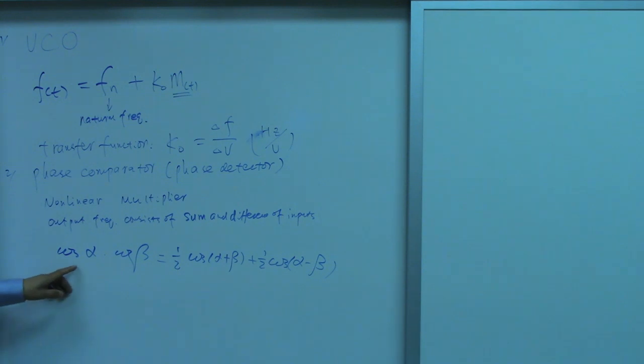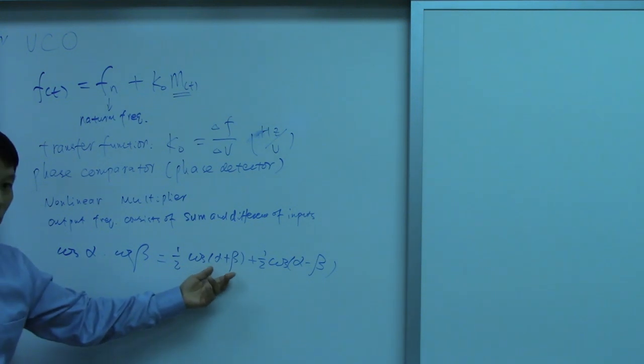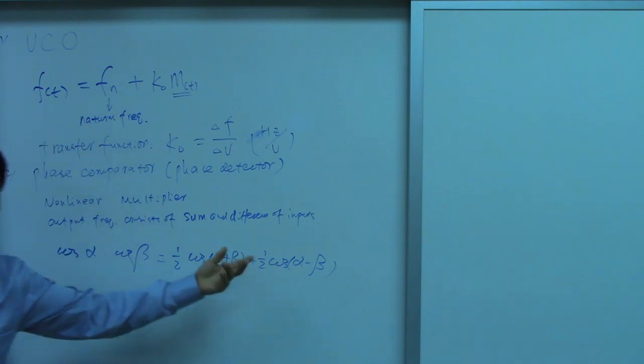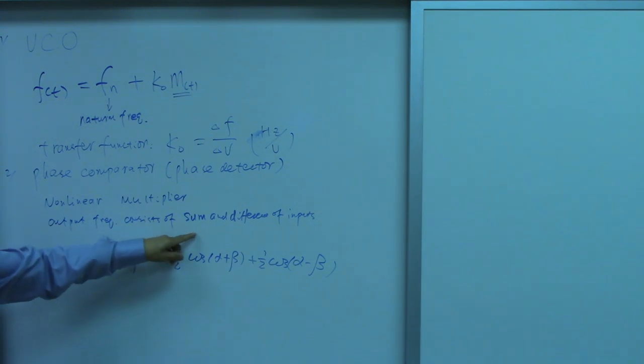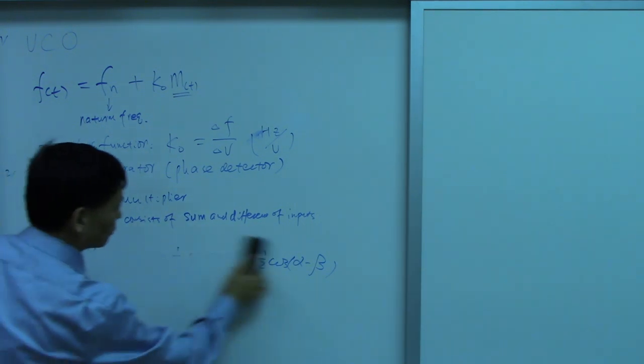If we consider alpha as omega 1 times t, and beta equals omega 2 times t, then we see here the frequencies add up together, and here they subtract from each other. So when the two inputs are multiplied together, the output frequency has the sum and the difference of the two input frequencies. So we know the theory on this.